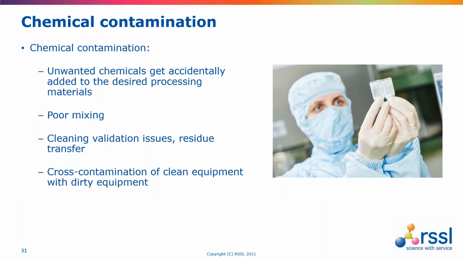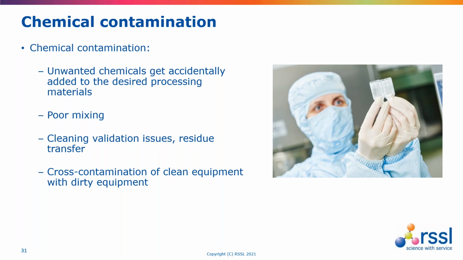We also need to capture chemicals, because there's a remarkable number of chemicals that are used in most cleanroom manufacturing environments. And chemical contamination generally occurs when unwanted chemicals get accidentally added to the desired processing materials. And the amount that gets added is often a very small or trace amount. And under many circumstances, this might be of minimal importance.